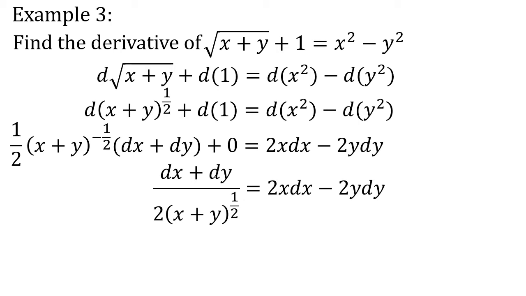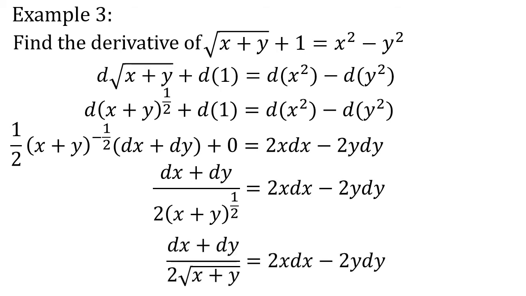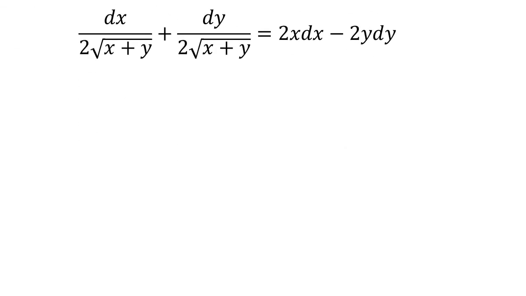So let us change this into radical form. So this will become dx plus dy all over 2 square root of x plus y equals 2x dx minus 2y dy. And then we can split it, so it will become two terms, dx over 2 square root of x plus y plus dy over 2 square root of x plus y equals 2x dx minus 2y dy.